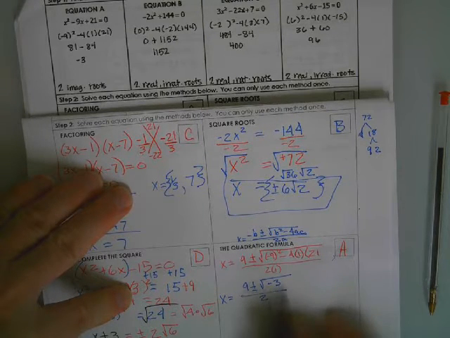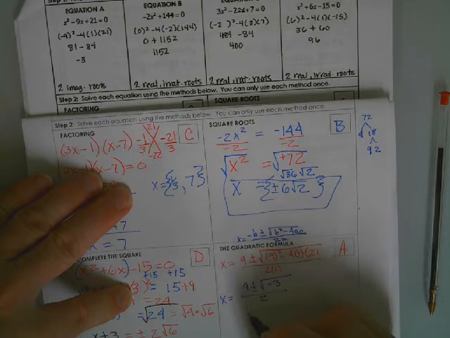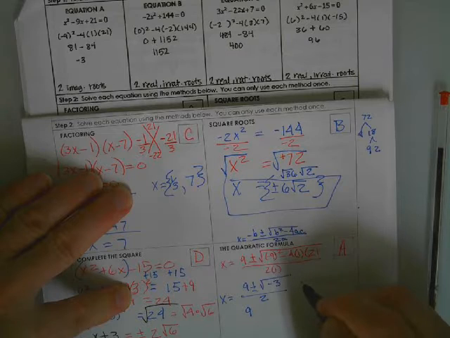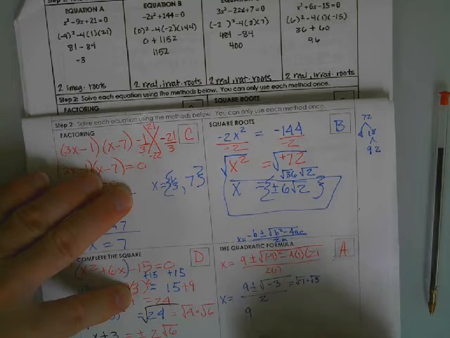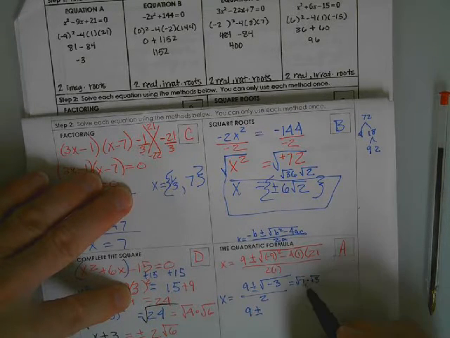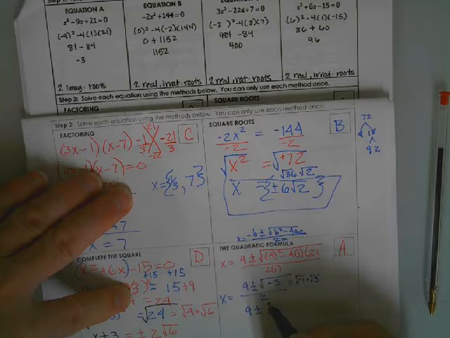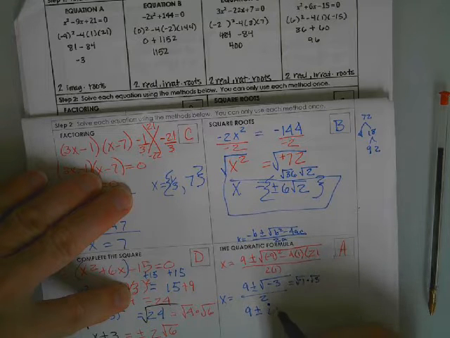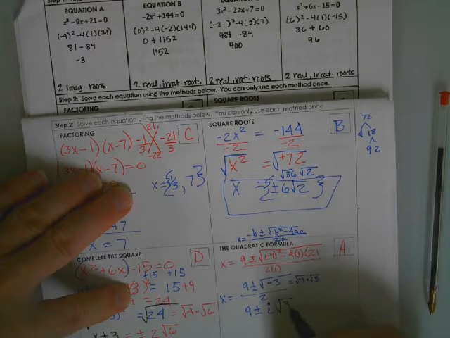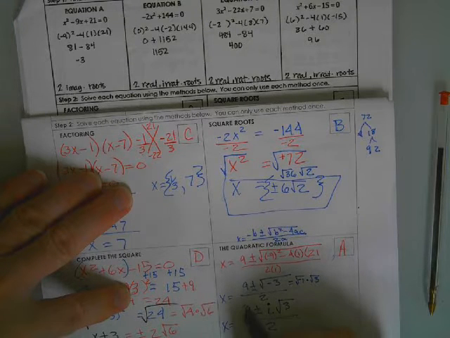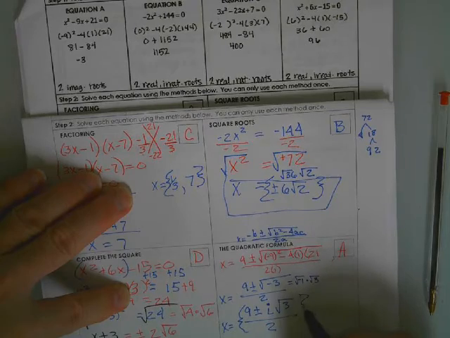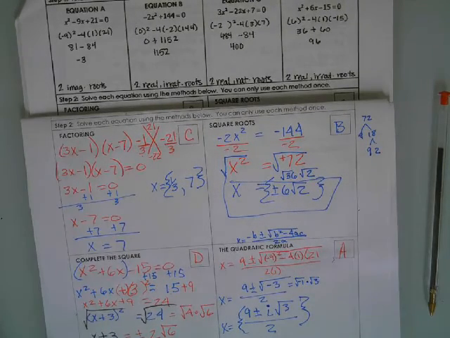So we simplify. Can we simplify radical negative 3? Just a tiny bit. We can take out the negative because this is equal to the square root of negative 1 times the square root of 3. So if we take out the square root of negative 1, that is i. And radical 3 all over 2. It looks complicated, but it's not really, right?